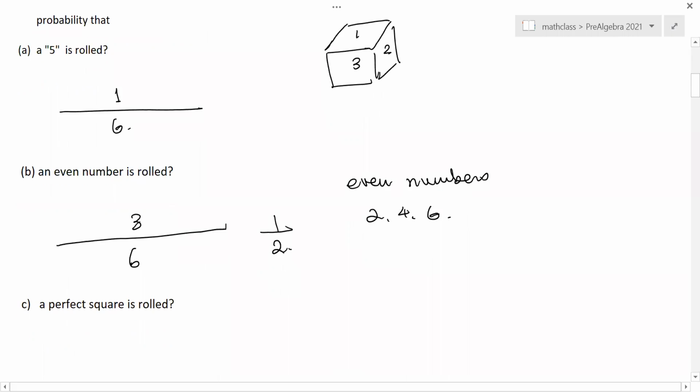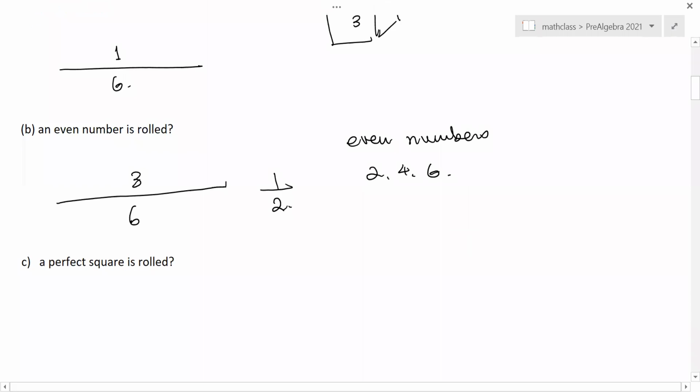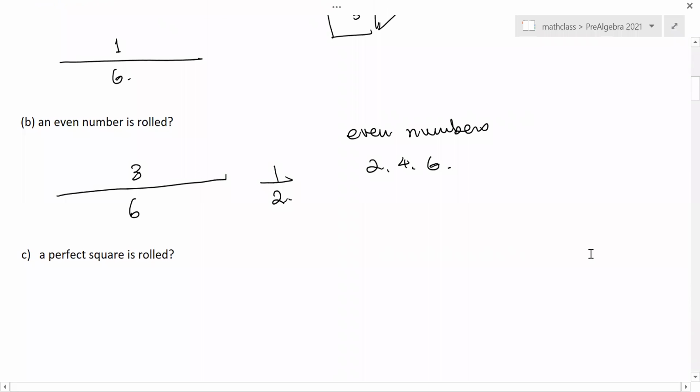Then the third question: a perfect square is rolled. Among those 6 numbers, how many are perfect squares? You have to figure out which are the perfect squares. 1 is a perfect square because 1 squared equals 1. 2 squared equals 4, so 4 is a perfect square.